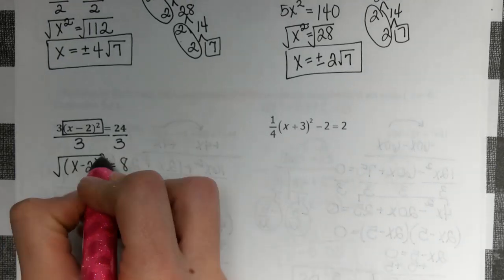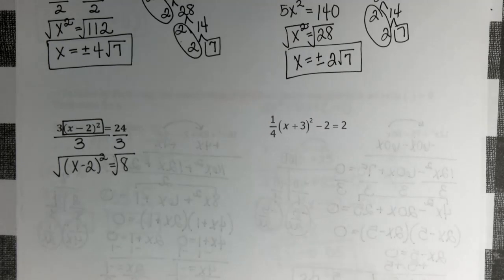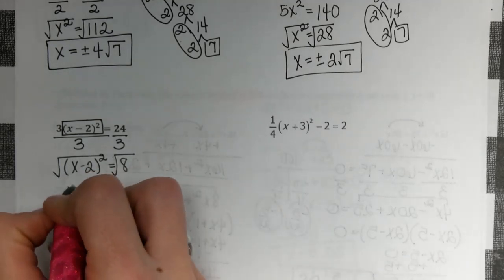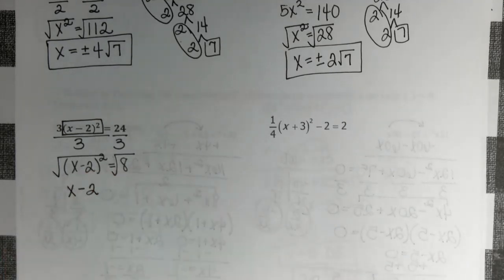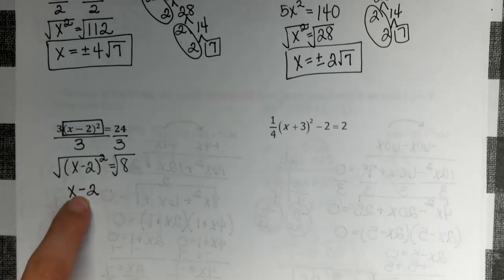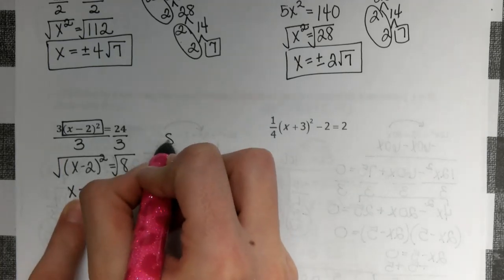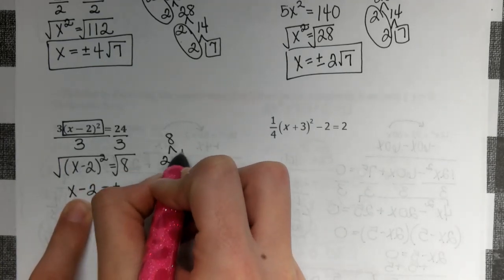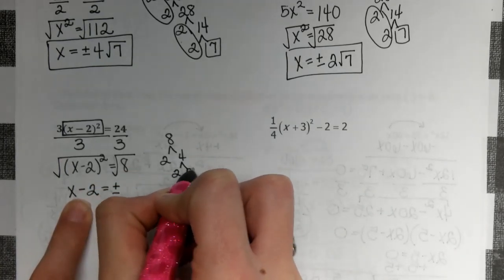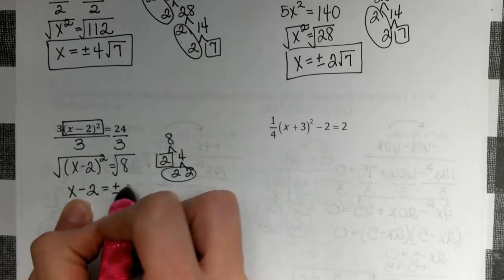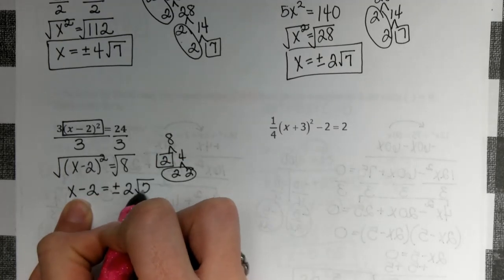Take the square root. It leaves me with x minus 2. So when you take the square root of that, whatever's in parentheses drops. Equals plus or minus the square root of 8, which simplifies, 2 and 4, 2 and 2. So that simplifies to 2 square root of 2.